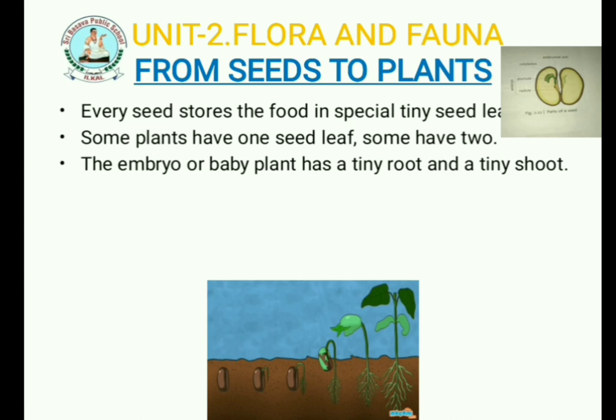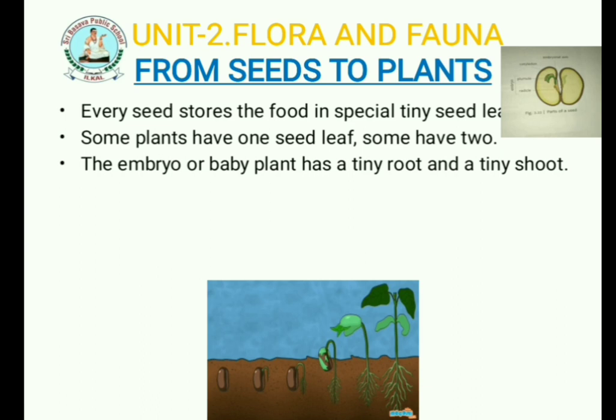So, in a plant there are two types of parts. The part of the plant growing inside the soil is called the root system, and the part growing just above the soil is called the shoot system. In the baby plant, the tiny root and tiny shoot grow from the embryo, which is present in the seed.